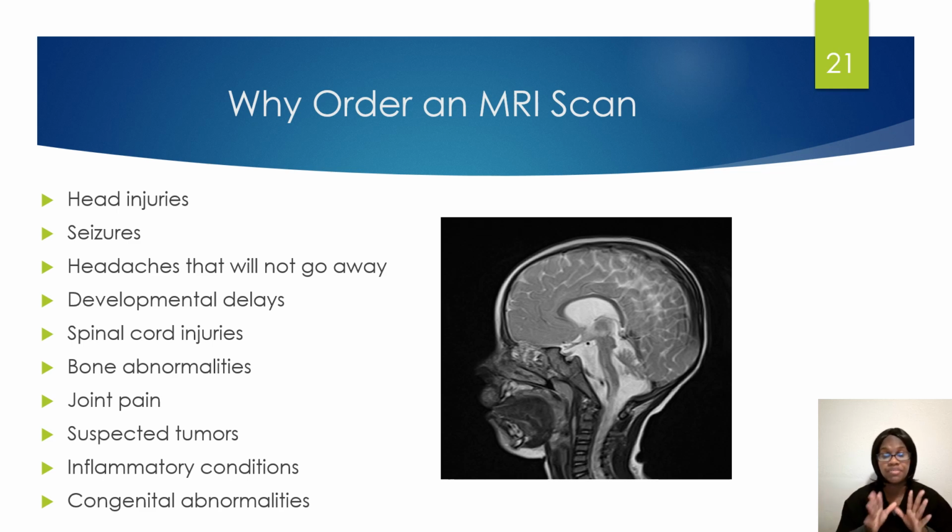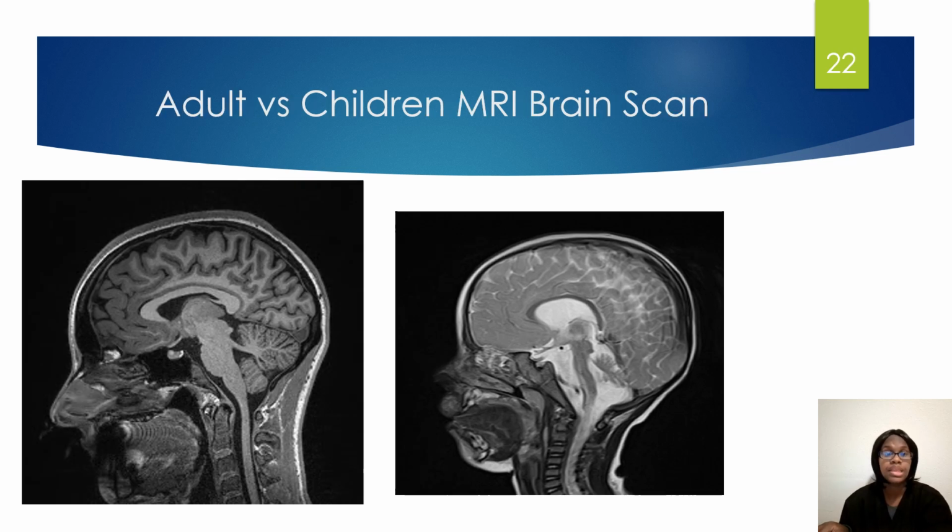So these are just different reasons why an MRI scan will be ordered. And then you also have a picture of a sagittal MRI brain scan on a pediatric patient. And then this is just an example of how an adult MRI brain scan will look. And then you have the pediatric brain scan that is closer to me. This is how that will look.